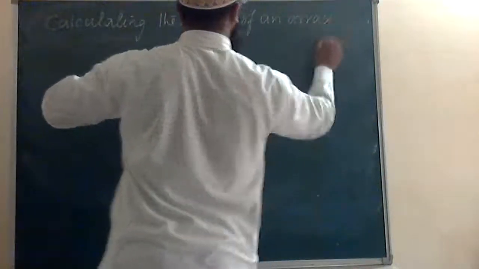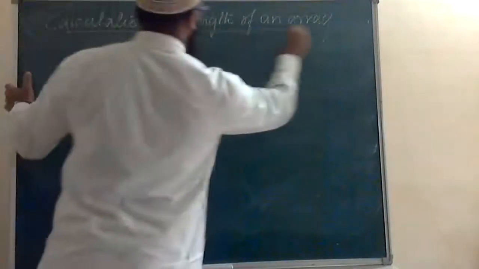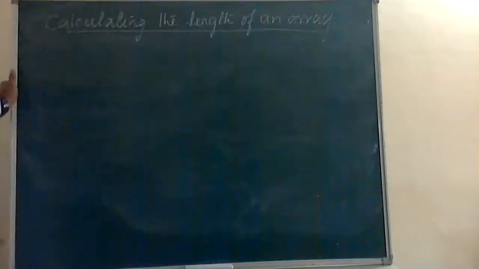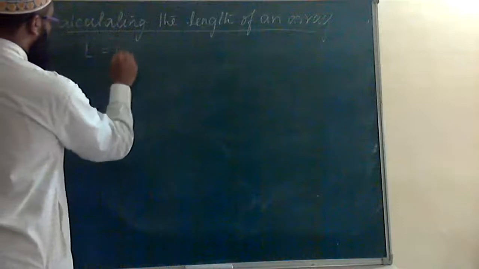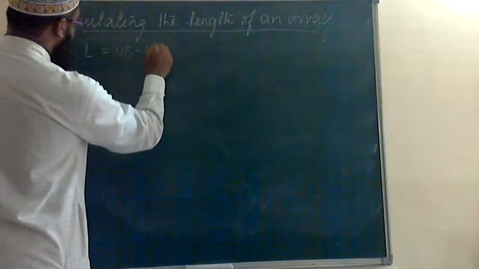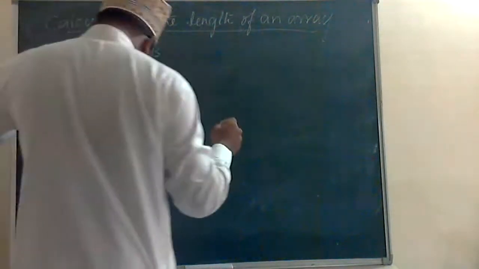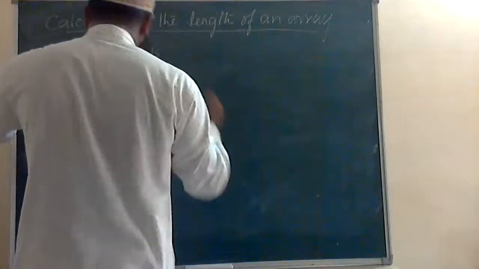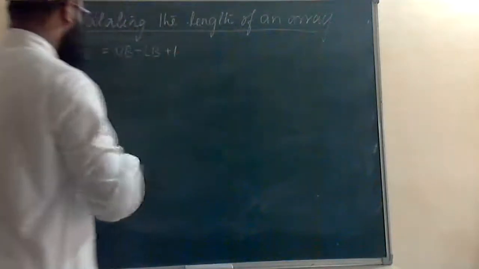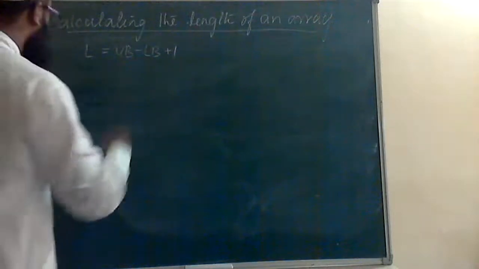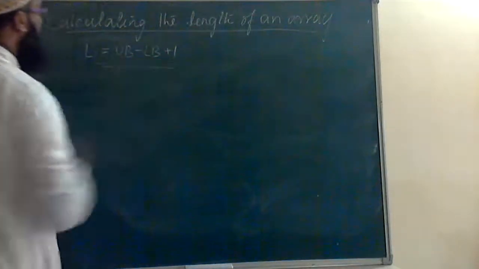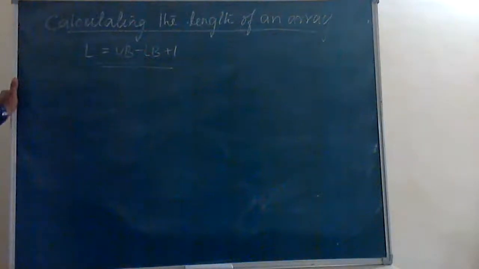How will you calculate the length of an array? A formula is there. L is equal to UB minus LB plus 1. This is the formula to calculate the length of an array.